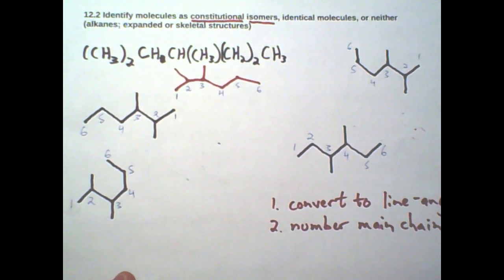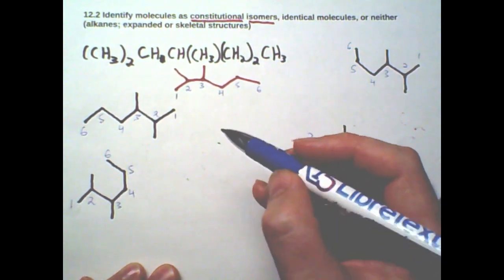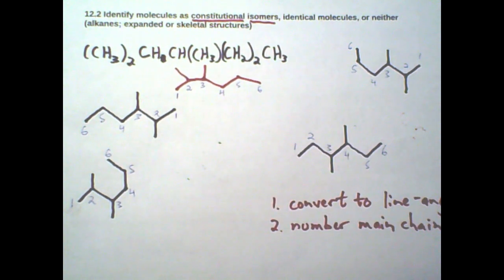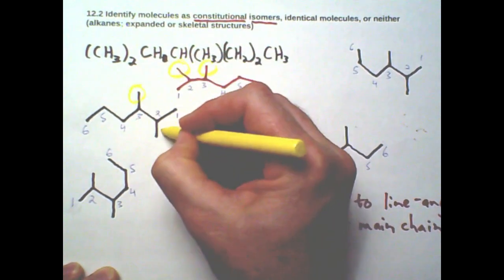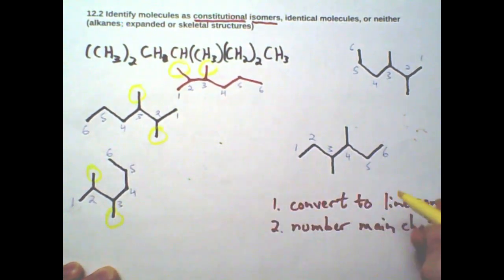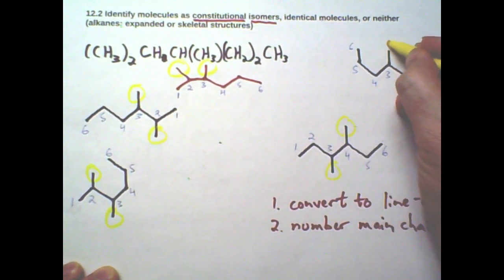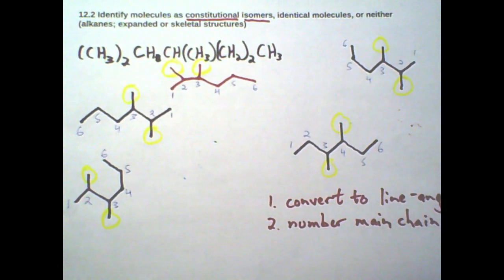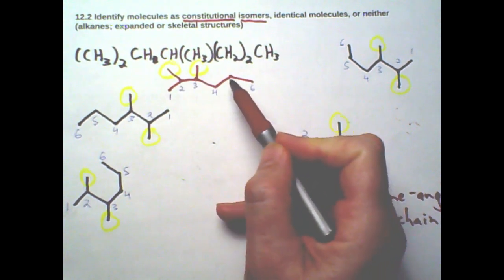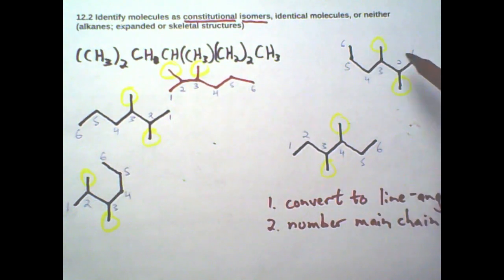That allows me to identify what we'll call side chains. So let me highlight some side chains. All right. For a molecule to be the same, it's going to need to have the same main chain, and every one of these has a 6-carbon alkane as its main chain.